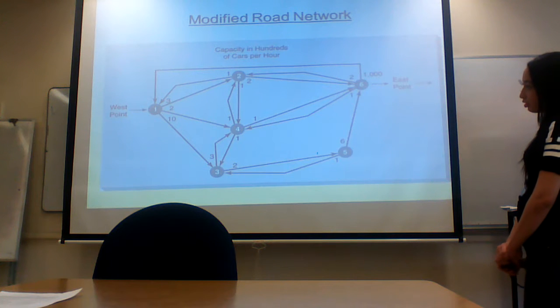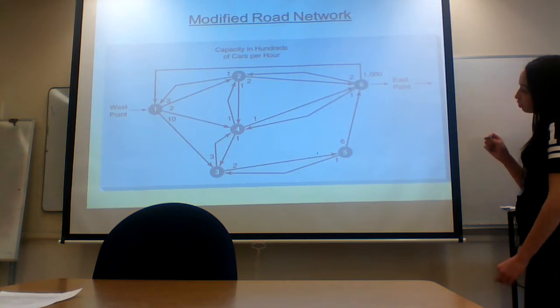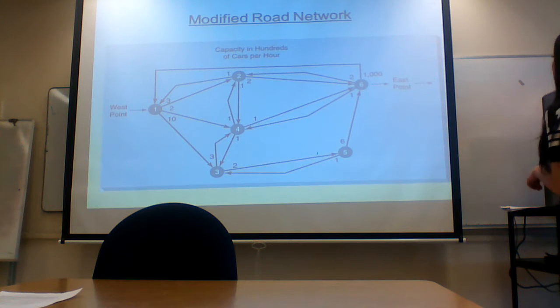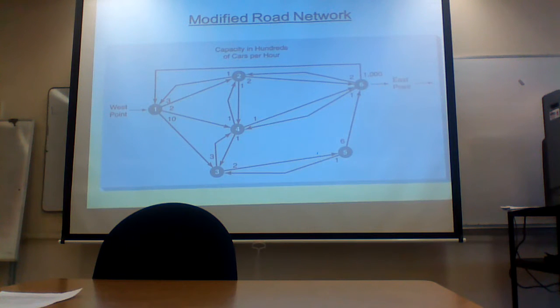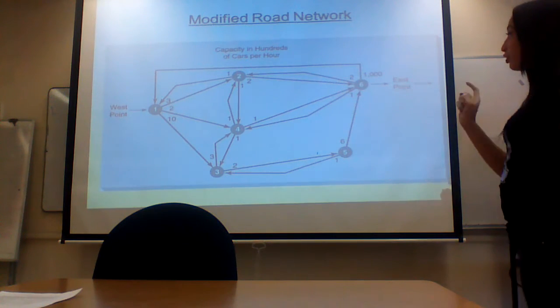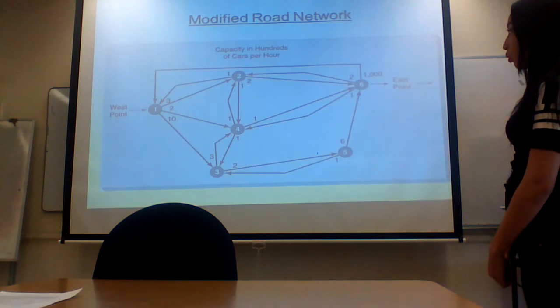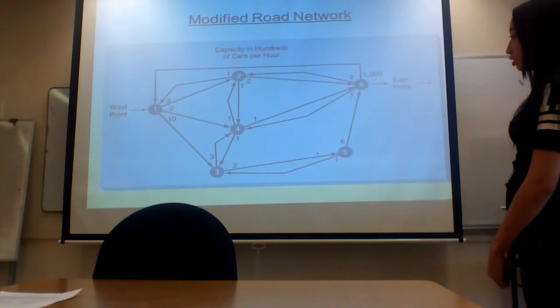Okay, what you have to see is from where node 4 receives cars. Here's the graph. Go on and tell us. Node 4 gets cars from where? From 1 and 3.